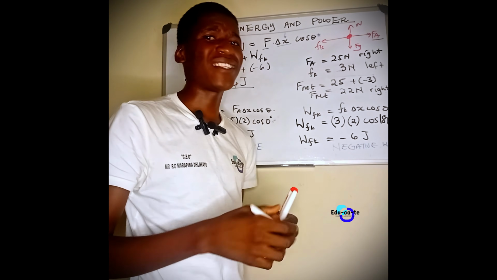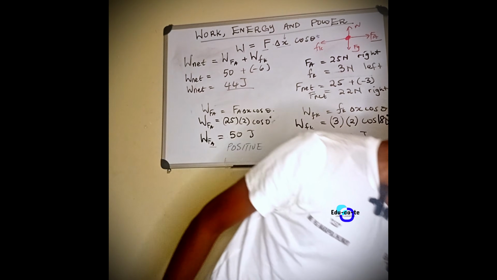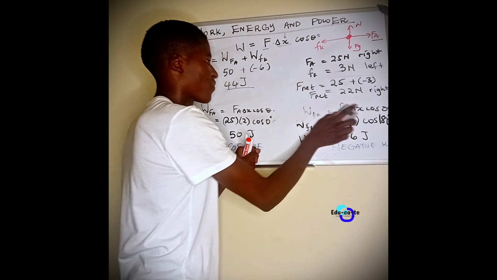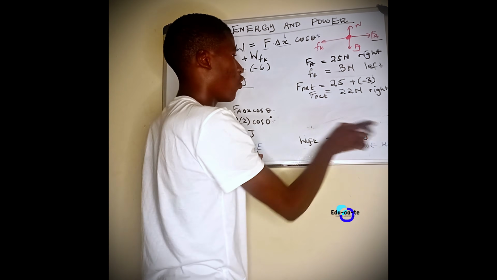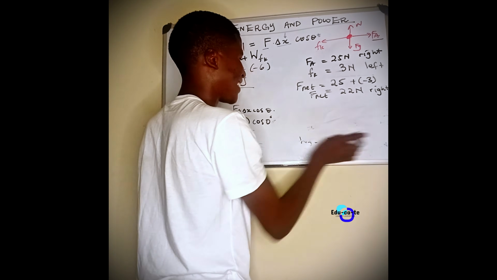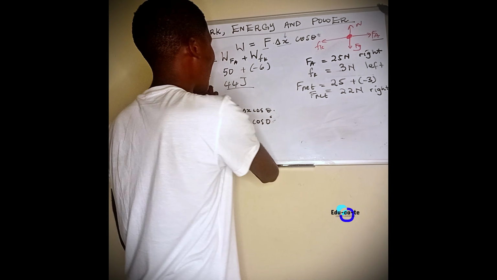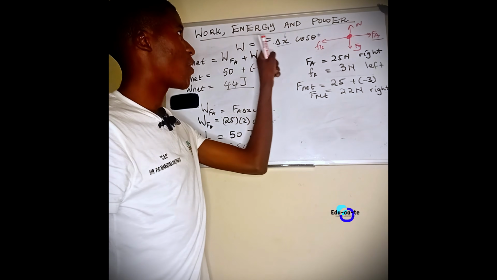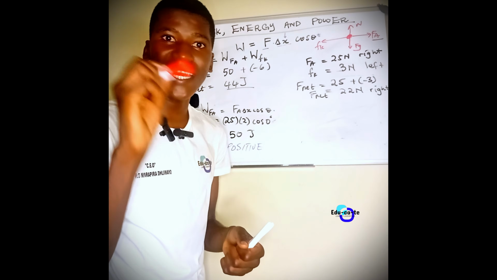How do you then use that to find the net work? Now that you have the net force exerted on an object, you can use this original formula and say the work done is equal to F delta X cos theta. But now we are looking for the net work done.